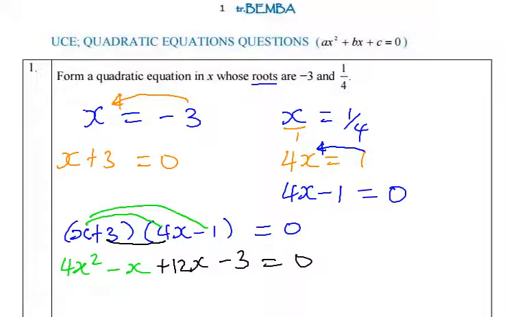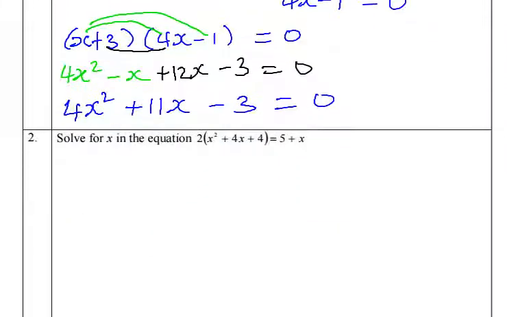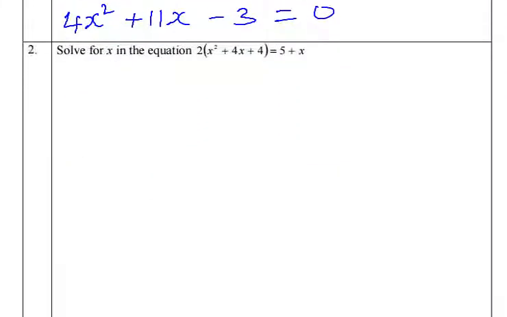And now looking at these two, they are like terms, minus x and the positive 12x. So I can write my answer as 4x squared, minus 1 plus 12 gives me positive 11, so I'll write positive 11x minus 3 is equal to 0. And so in that case, that's our quadratic equation there.